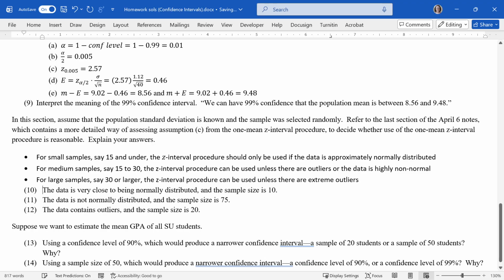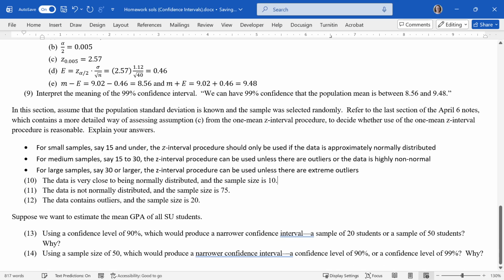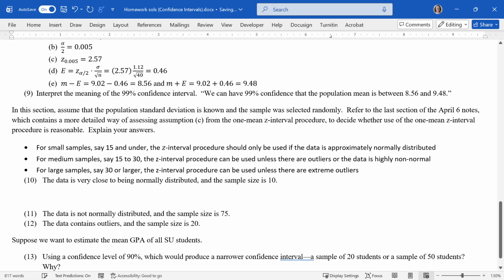Okay, so for number 10, the data is very close to being normally distributed and the sample size is 10. As long as your data is very close to being normally distributed, any sample size is fine. All of the sample means will be between your original distribution and the normal distribution, so they should be distributed normally. So I'm just going to explain that.